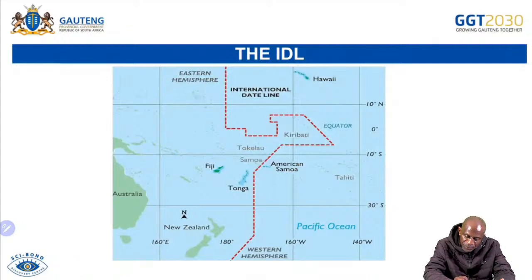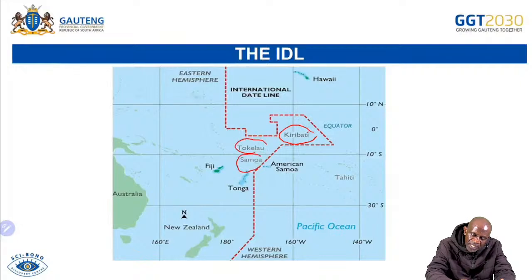As you can see, this area, Kiribati. So it had to take a twist here to accommodate all these places, all these islands, and put them in one time zone. So it has taken a bend here to accommodate these islands, Kiribati, Tokelau, as well as Samoa.